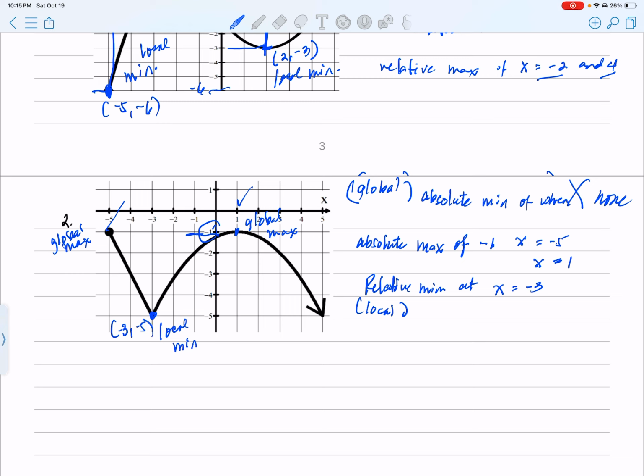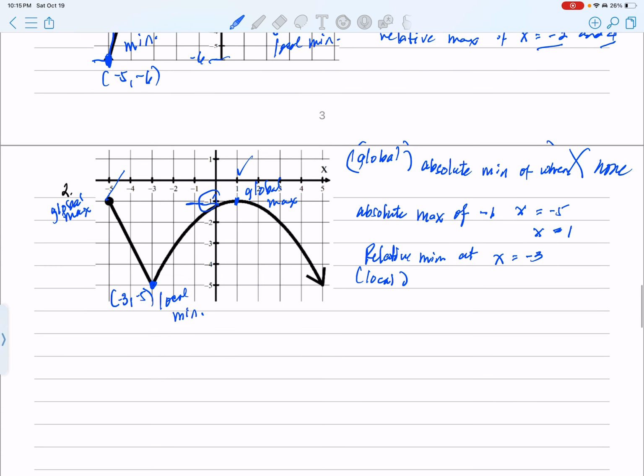That point is where the local minimum is located. The relative maximum, where is it?